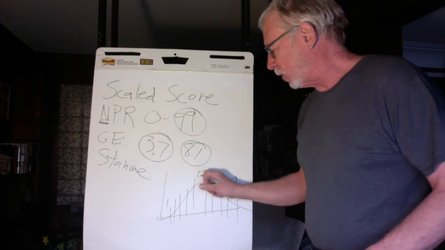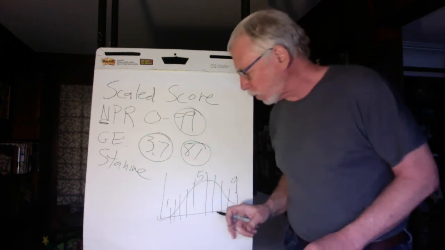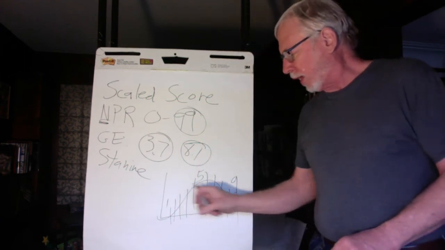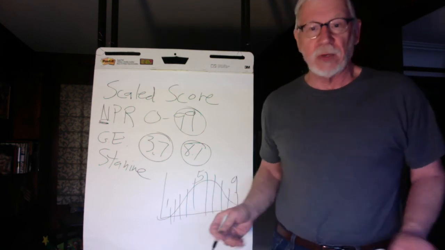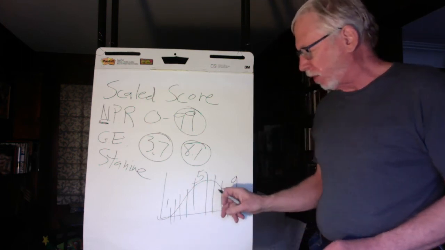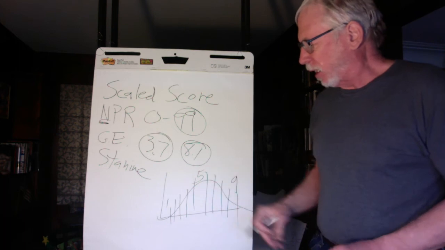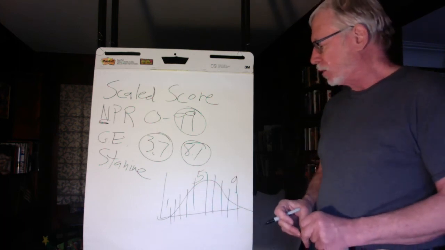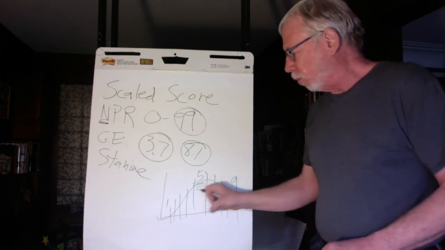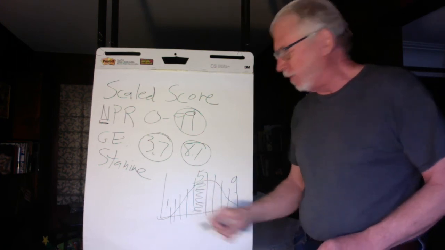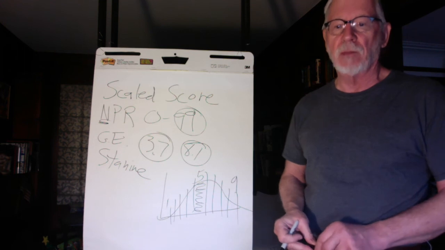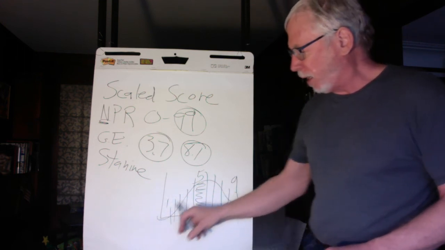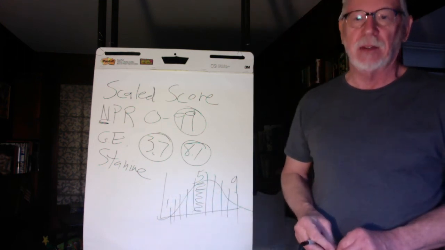And that's supposedly a 5. Wherever Dwayne's score is under the curve, that's the stanine number he gets. There's only 9 possible scores. And obviously, more students score at 5 than at any other score. Hardly anybody gets 1, hardly anybody gets 9.